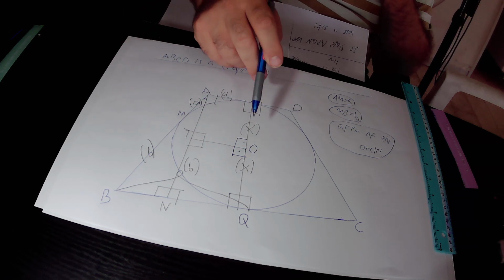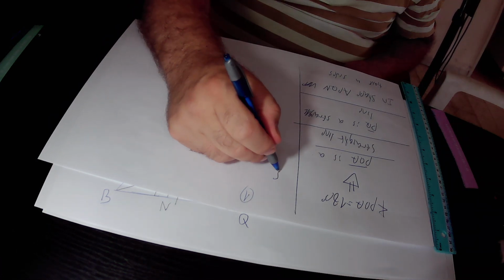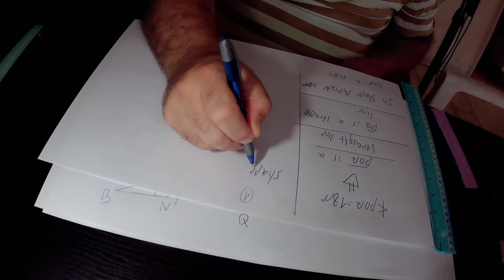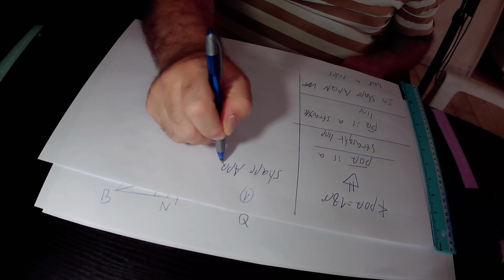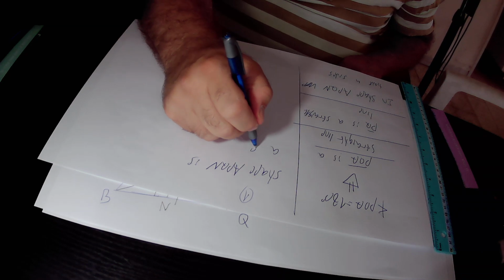Why? Because it has four sides. So shape APQN is a quadrilateral.